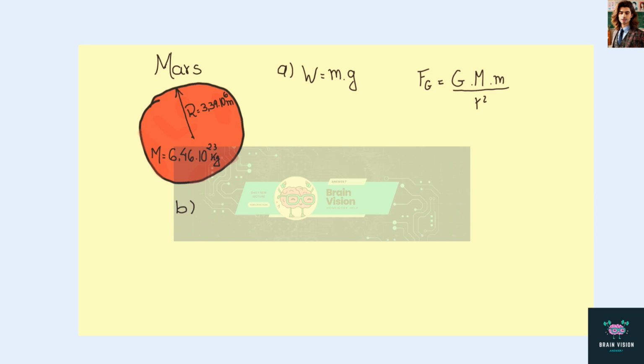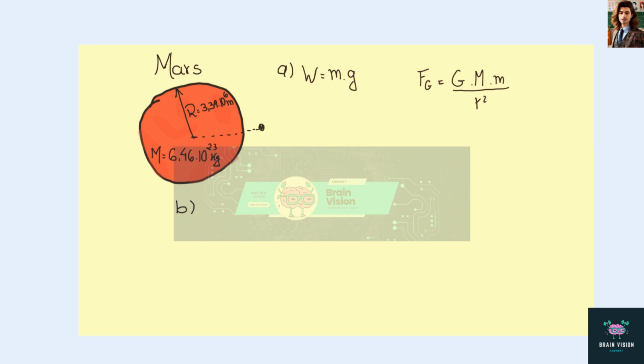For instance, we have here on the left the surface of planet Mars. If we have an object that is hovering right here, this little r in the Fg equation would be this distance, the distance between the center of planet Mars and the body that is under the effect of its gravity.